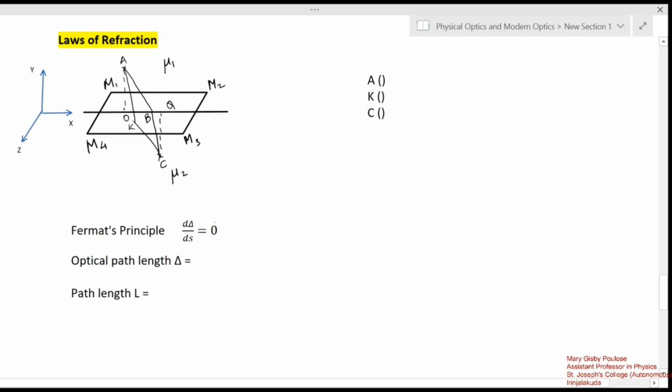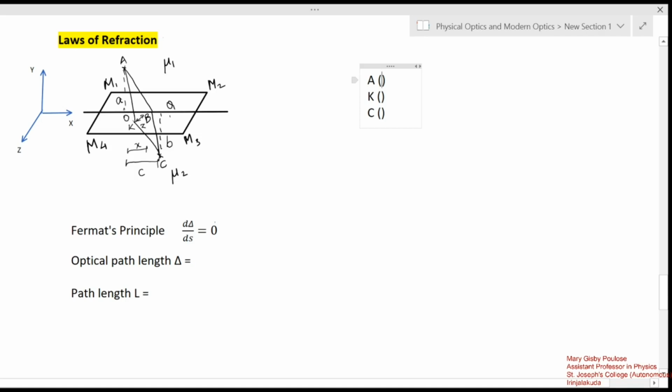The origin of this system is at O, and A is at a distance of small a from O. Q is at a distance of small c from O. B is at a distance of x from O, and K is at a distance of z from B. C is at a distance of small b from Q.